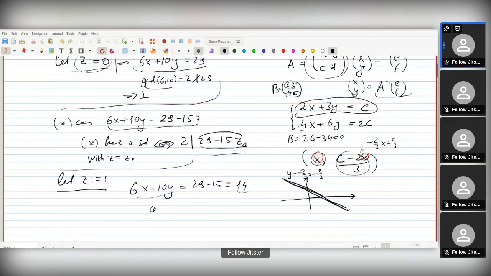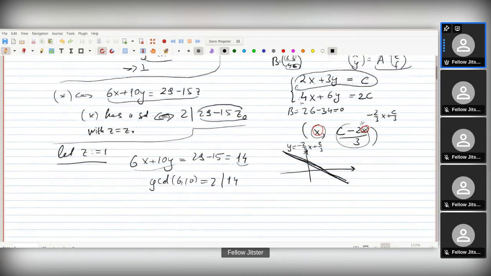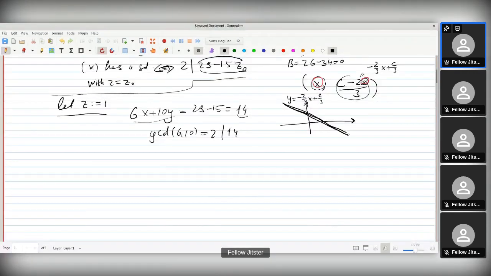Exactly, because the greatest common divisor of these two numbers, which is 2, divides 14. But can we obtain a solution? Of course, we can solve it formally, but can we guess a solution? Maybe x equals 4 and y equals minus 1.